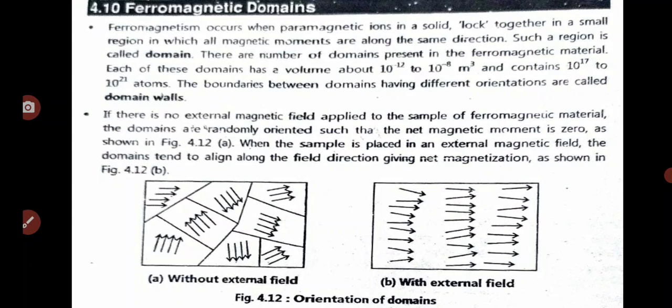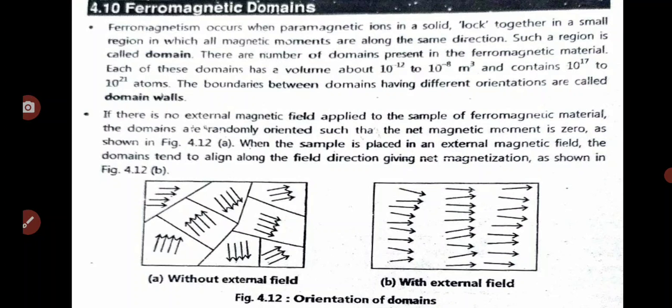If the sample is placed in an external magnetic field, the domains align in the field direction, so the sample has a net magnetic moment, which is shown in figure B, with the external magnetic field.